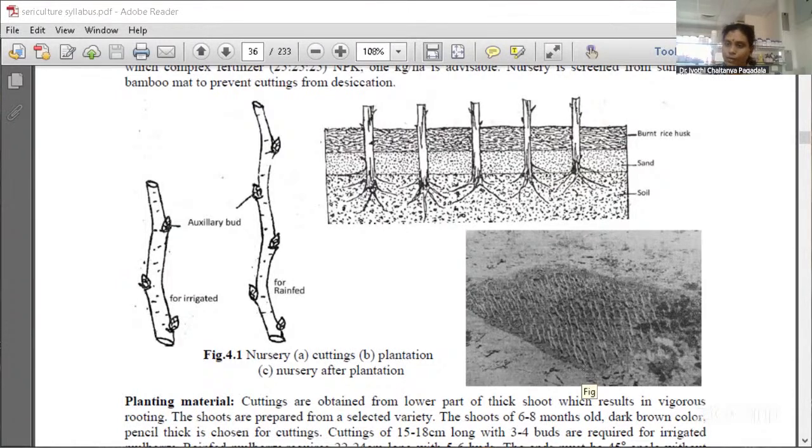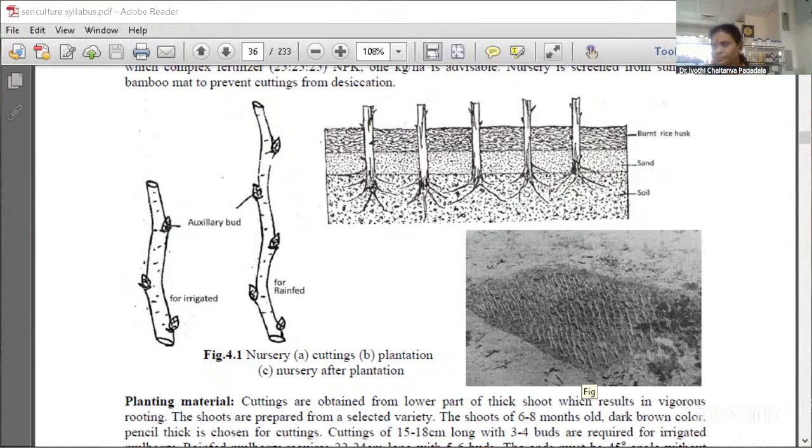As we discussed in the earlier classes, it needs a small amount of water, so we have to irrigate the beds soon after planting, and then every 4 to 6 days.